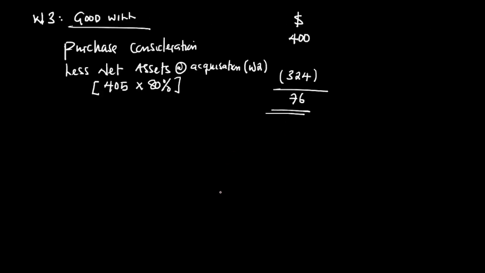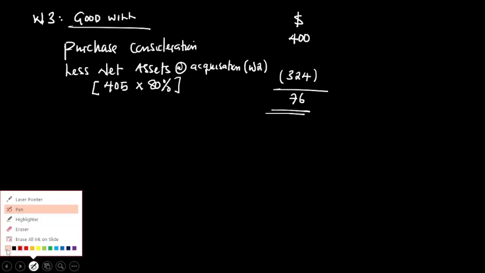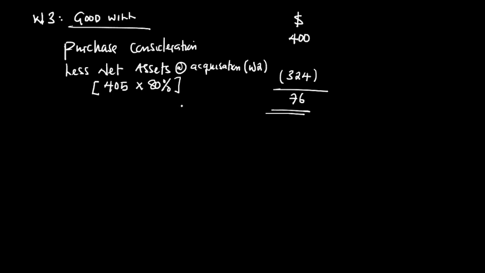Okay. So now I want us to look at how we calculate the goodwill. First and foremost, I would want to say that goodwill is basically the difference between the amount you pay to acquire and the separable, identifiable assets of the company.